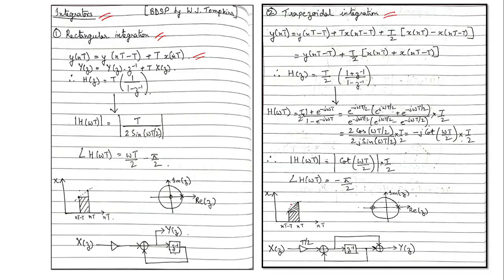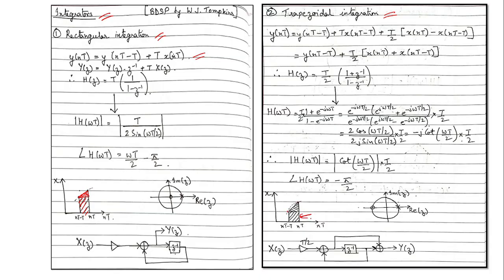So what is the disadvantage in the rectangular integration method? When you consider this rectangle, there is nearly a triangular area which is getting missed, so whatever result you get has some error incorporated into the system. In the trapezoidal method, we take a rectangular plus a triangular area.